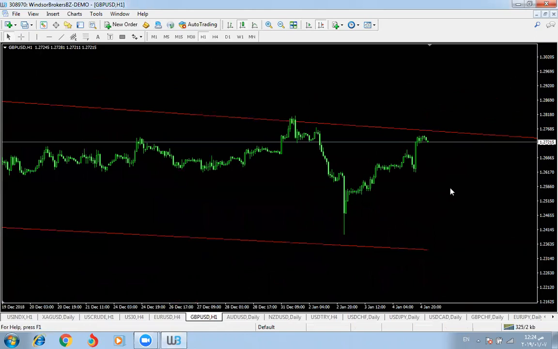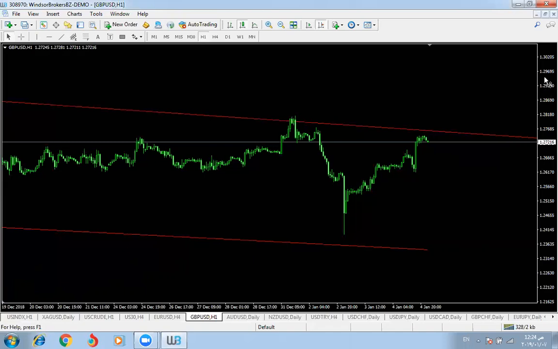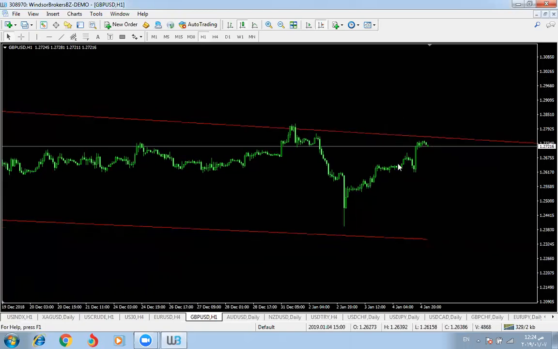So any movement to the downside is a chance to ride the buy orders, to ride the pound in the bullish direction. So we are still in low prices for the pound. This is 1.27. So we are expecting the pound to move very strongly to the upside.